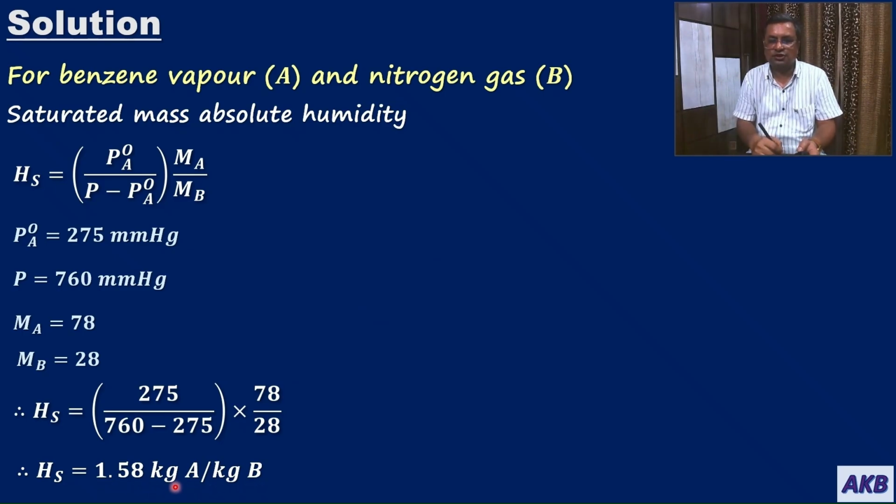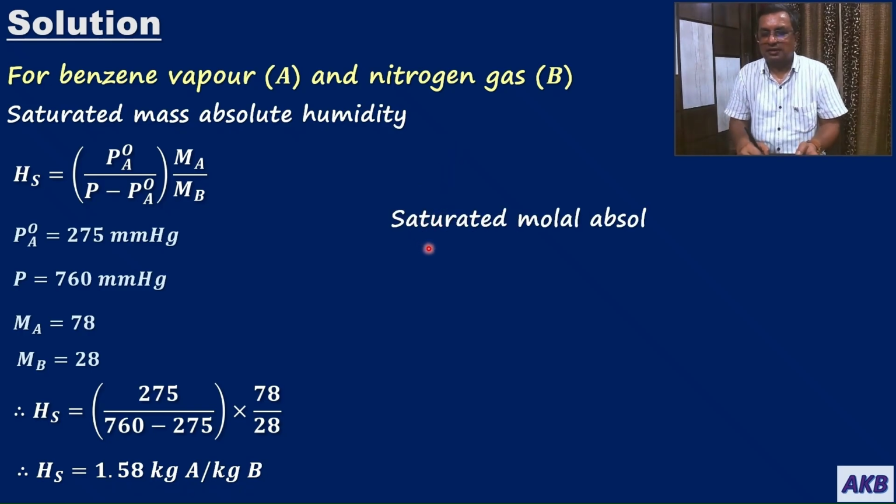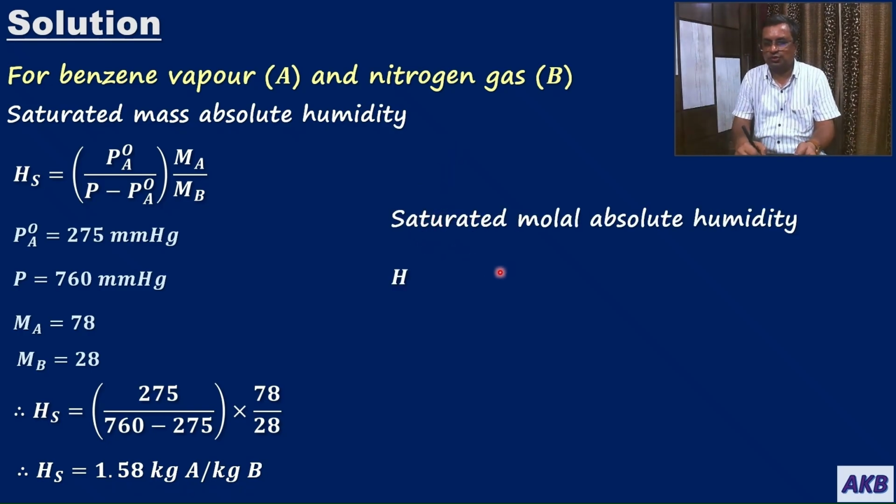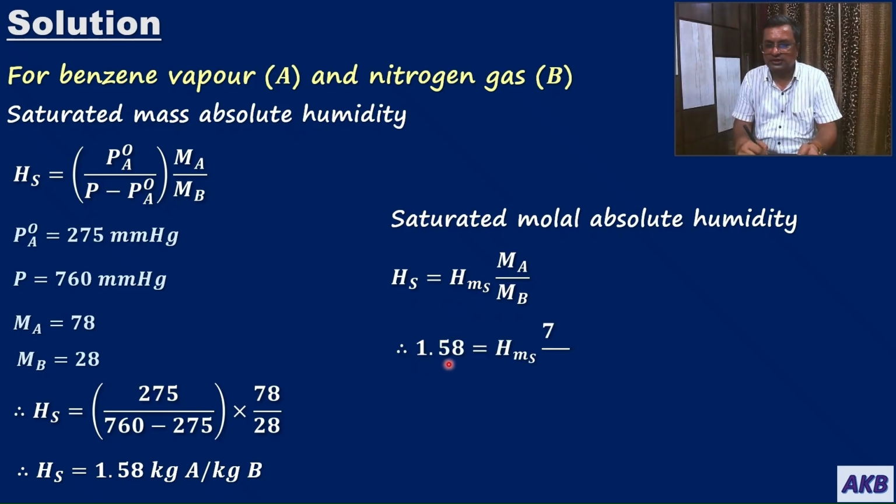So this is saturated mass absolute humidity. Hs is 1.58 kgA per kgB. Then let us get saturated molal absolute humidity. So for that we are going to use this equation. Hs is equal to Hms into Ma upon Mb. Hs is known to us, it is 1.58. We have to get Hms into 78 by 28.